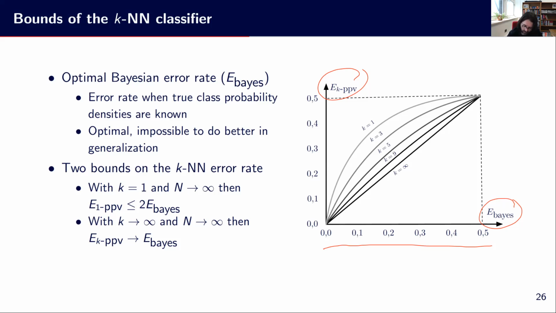For k equal to 1, that value will go up and possibly go back up to 0.5. Whereas with a lot of neighbors and a huge data set, assuming n tending toward infinity, the error will be comparable between the optimal Bayesian error rate and the KNN error rate in generalization.